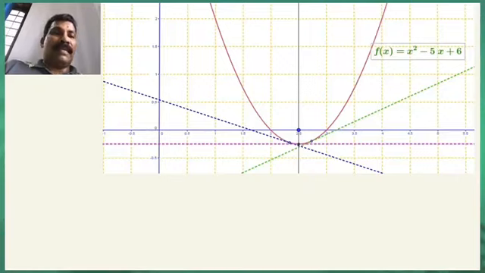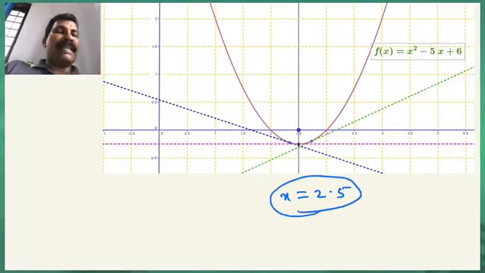Here you can see that at x equal to 2.5, there is a horizontal tangent. For the points slightly less than that, that is, for x values less than 2.5, we can see that the blue colored tangent is having a negative slope.